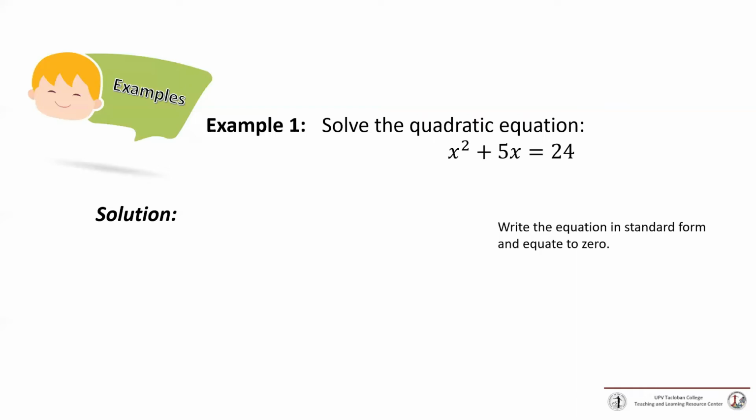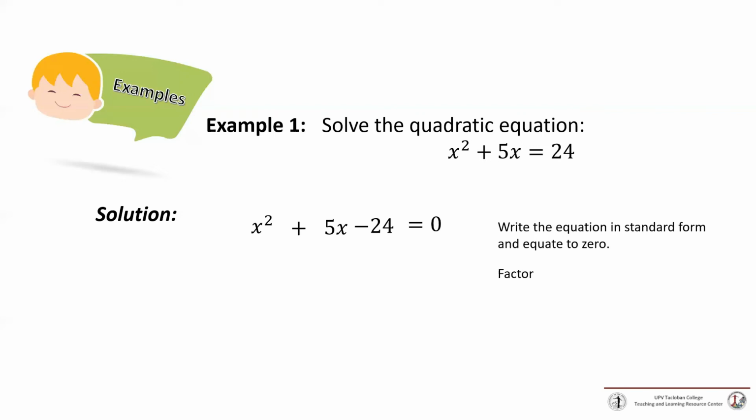So we have to rewrite the given equation. We have x squared plus 5x minus 24 is equal to 0. This is now a quadratic equation of the form ax squared plus bx plus c, so it is already in standard form.